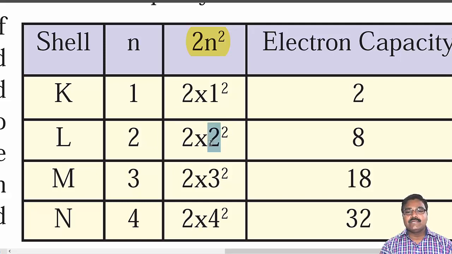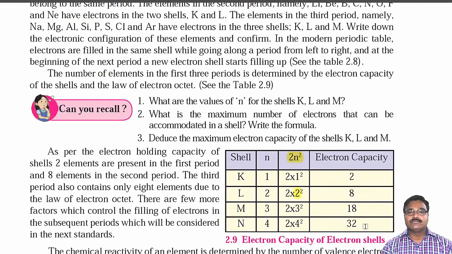Here 2 is the value of n, 2 square is 4, and 2 into 4 is 8. In such a way, we find that the electron capacity of the K shell is 2, the L shell is 8, M has electron capacity 18, and N has electron capacity 32.